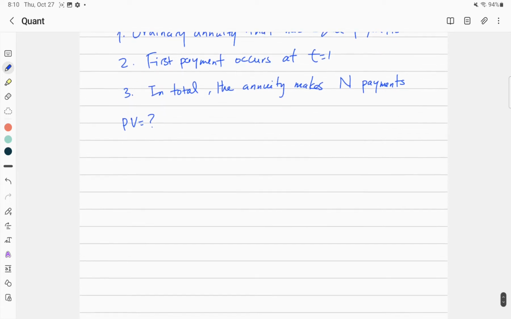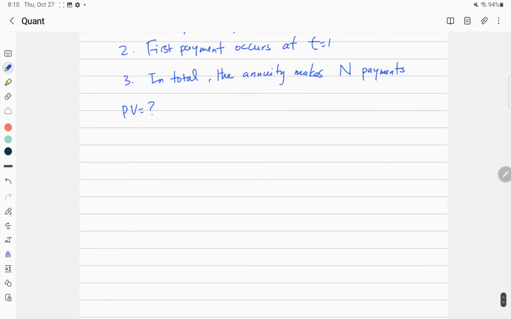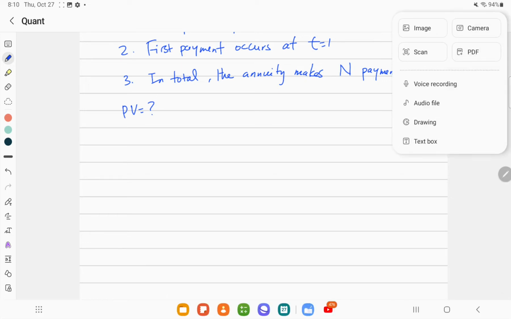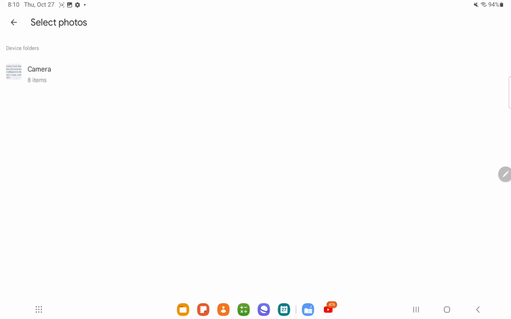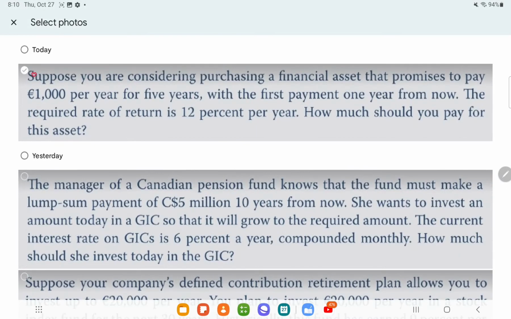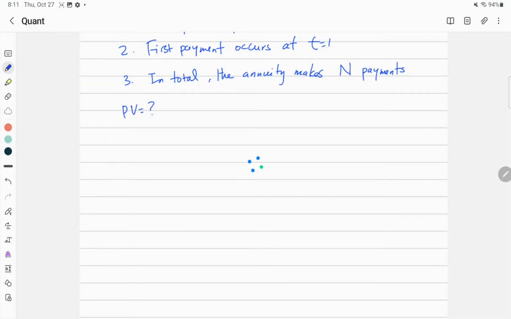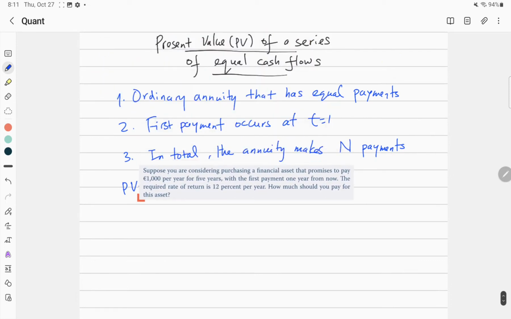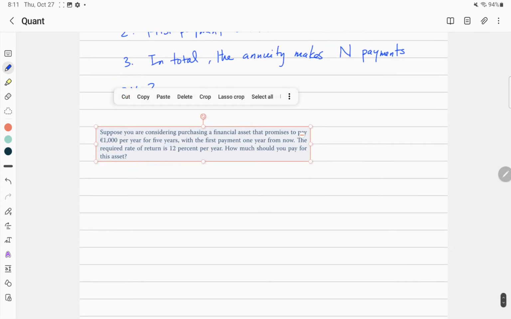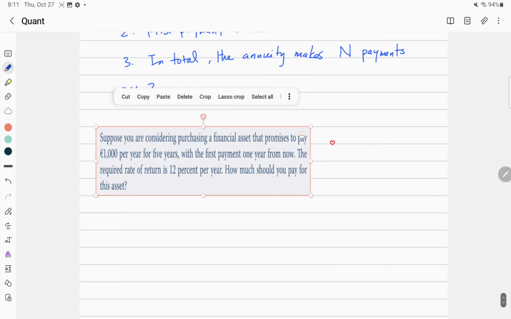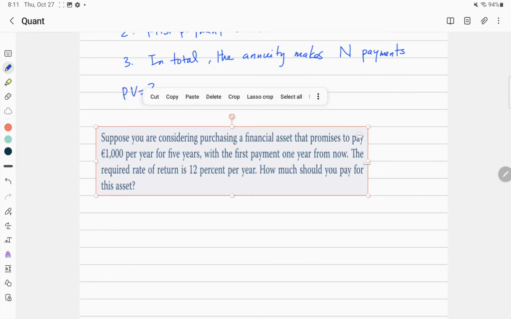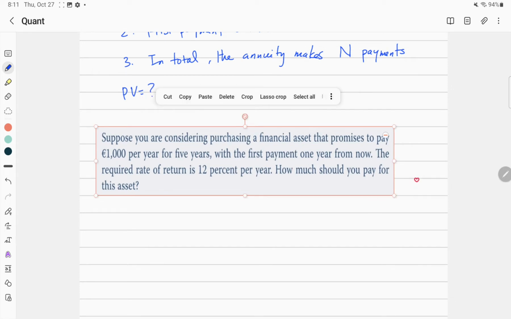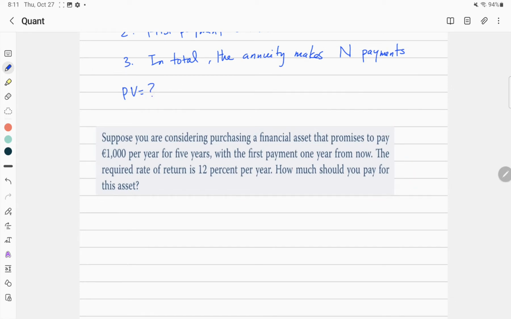So we're going to do an example. Suppose you're considering purchasing a financial asset.